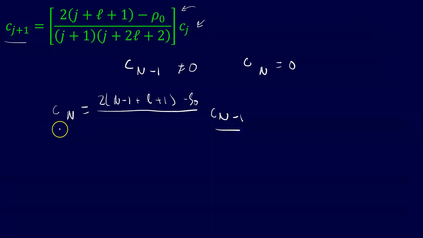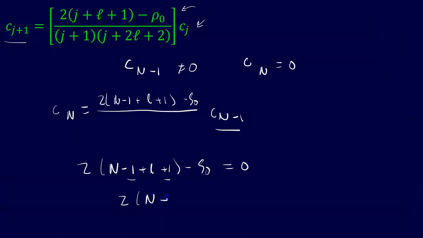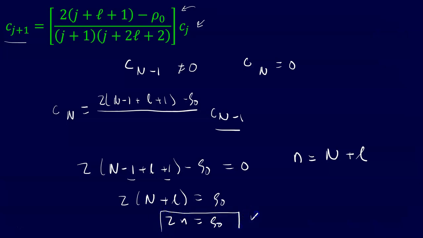So this one's not 0, this one is, and so we want this top piece, 2n minus 1 plus 0 plus 1 minus rho naught, to equal 0. So these 1's cancel, and we get 2 capital N plus L is equal to rho naught. And so what we typically do is we call the capital N plus L equal to lowercase n. So 2n is equal to rho sub naught. It's subtle, but this is basically going to set into motion how we can solve everything.